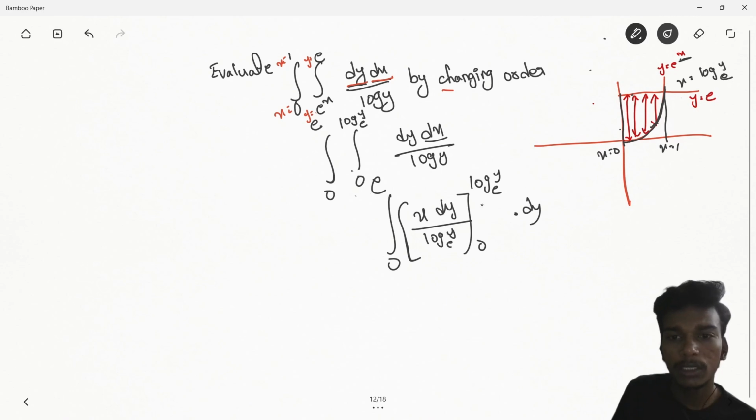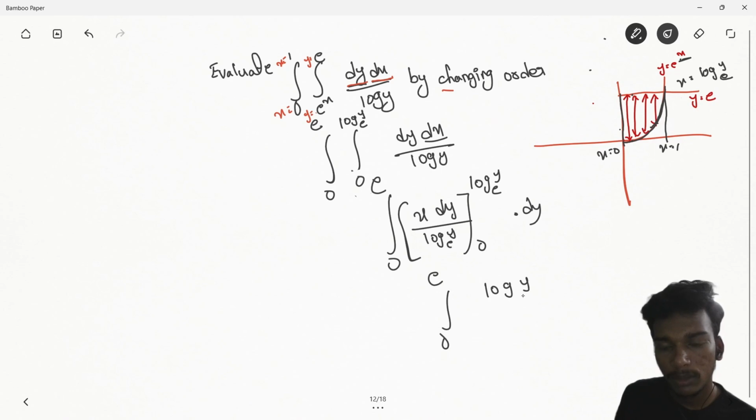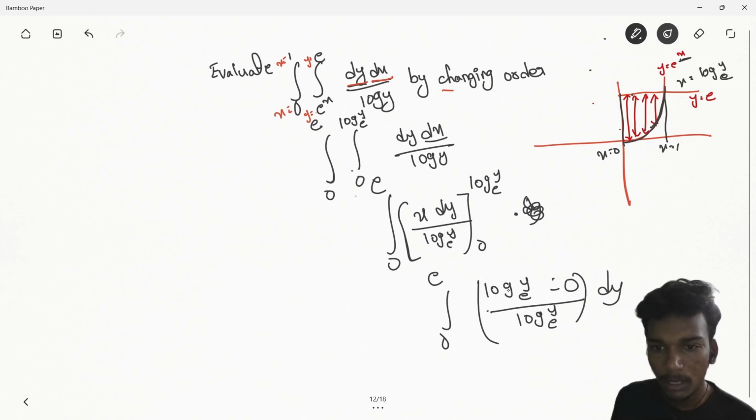Now I will substitute this limit: integral 0 to e, log y base e minus 0, by log y base e, into dy. And this whole term is going to get cancelled. Now I am left with integral 0 to e dy, with y ranging between limits 0 to e. So e minus 0, the whole term will become e.